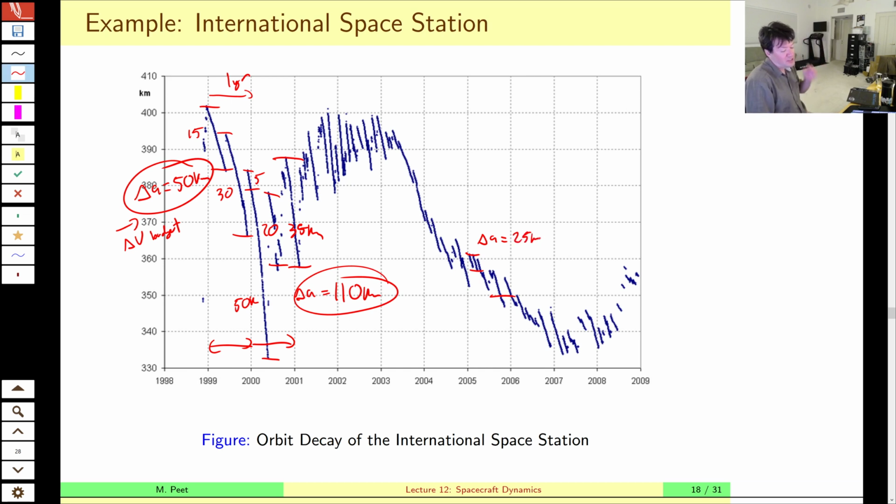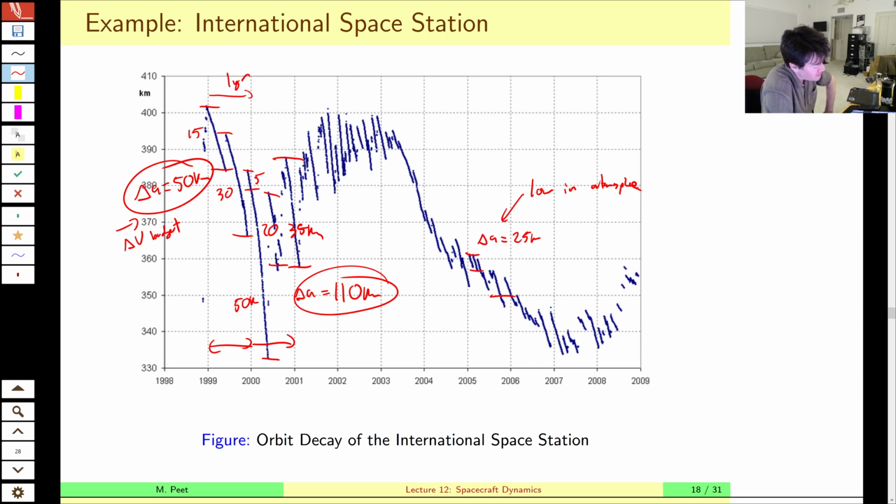So this tells you several things. It's not just a function of time, this is also low in the atmosphere. What this tells you is that, A, you need a lot of delta V to keep spacecraft in space, especially at these low altitudes where the space station lies.